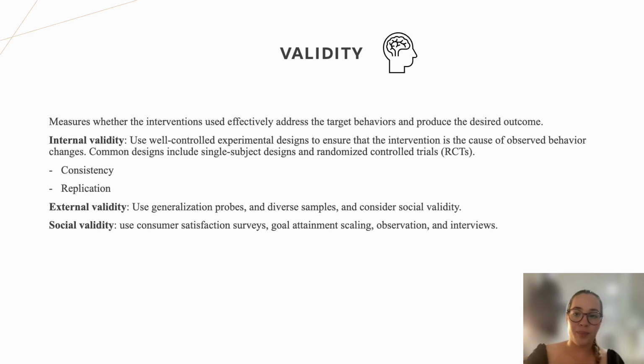We want to gather feedback and information from clients, parents, teachers, and other stakeholders. We want to also complete goal attainment scaling. We want to measure whether the intervention goals are being met and if these goals are considered meaningful by stakeholders. And then also observation interviews, which is really beneficial and meaningful.